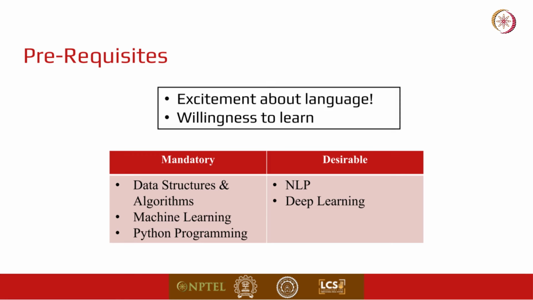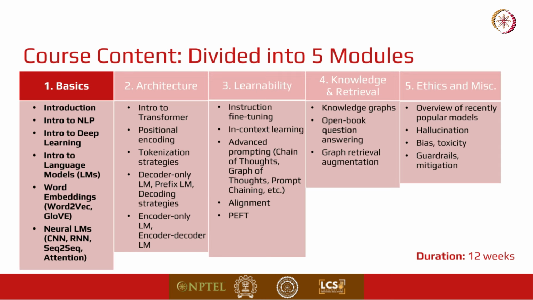We always say that if you are willing to learn something new and if you are excited about language, you should opt for this course. But officially, data structures and algorithms, machine learning and Python programming are the mandatory prerequisites, whereas NLP and deep learning are desirable. The entire course is divided into 5 modules.